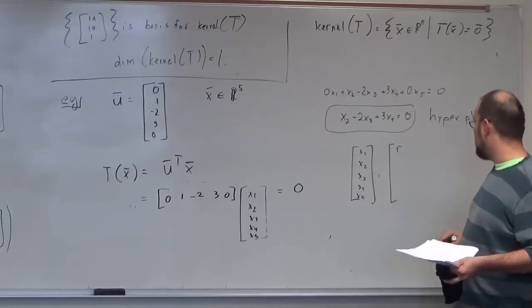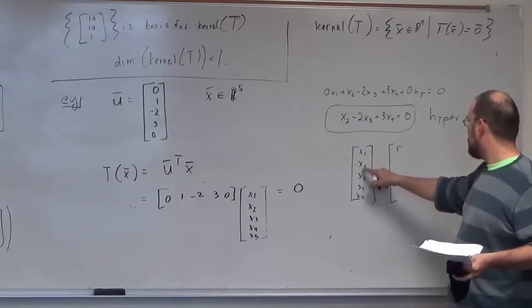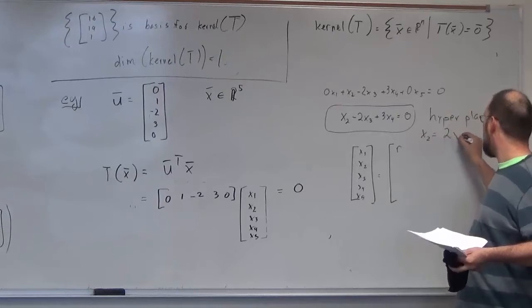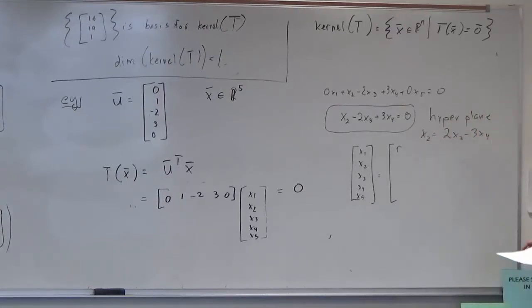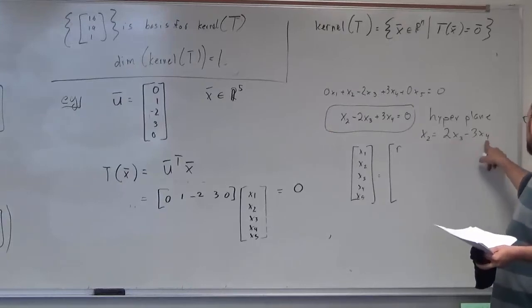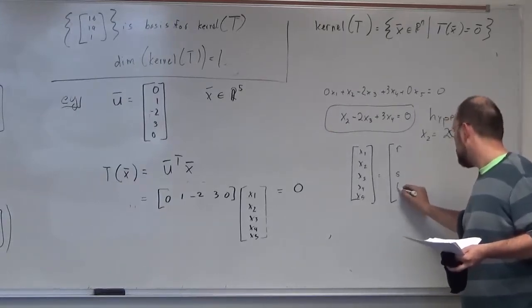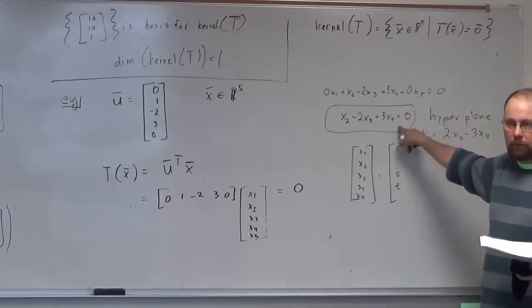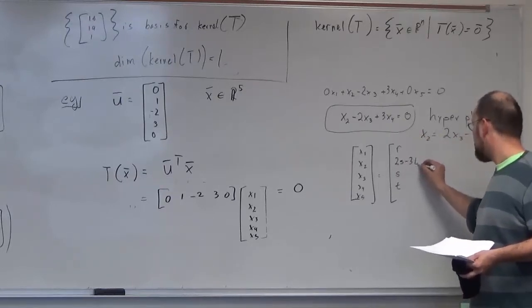Let's see, do we have restrictions on, well, let's just do x3. So if we solve for x2, we can let x3 and x4 be anything, call them s and t. But then x2 is completely determined by this equation. It's 2s minus 3t.